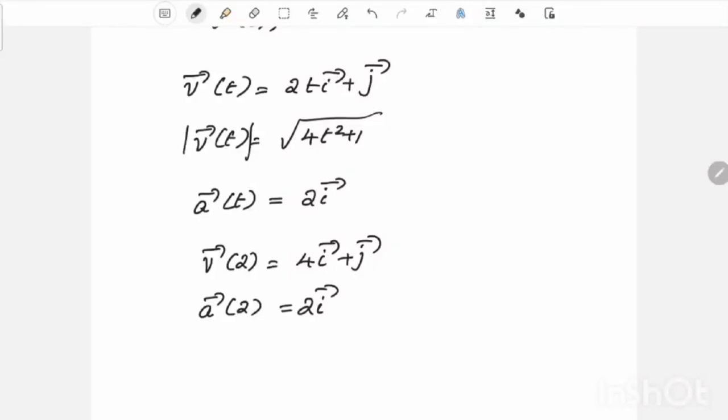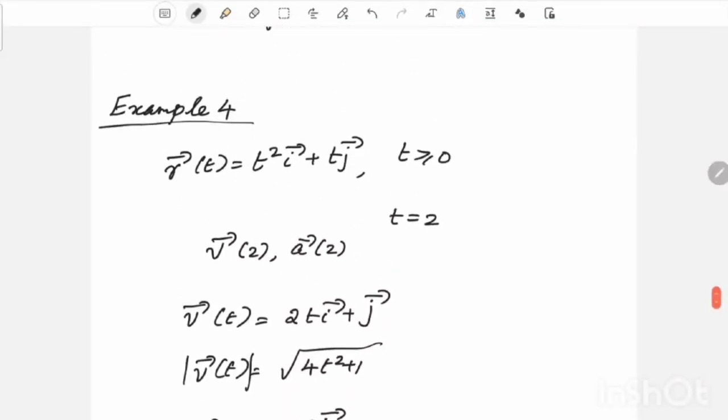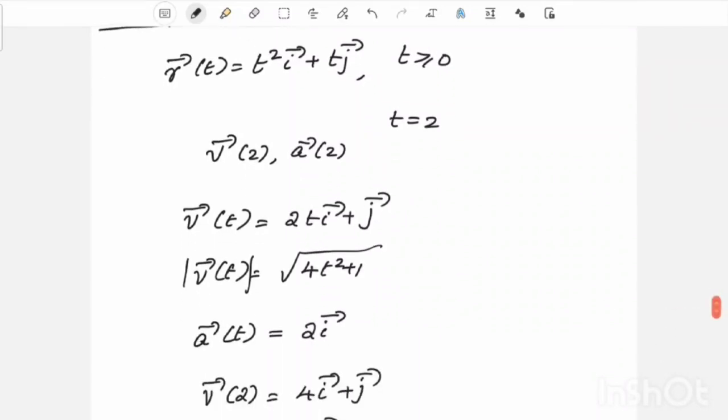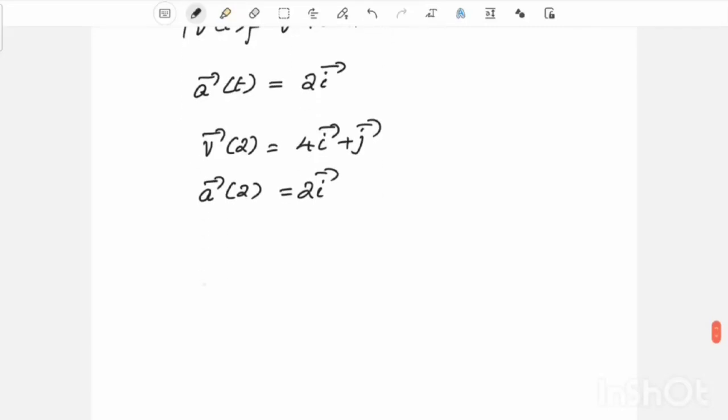Now we want to sketch the path of the object and also its acceleration and velocity at the point t equal to 2. Here r of t is equal to t² i plus t j with t greater than or equal to 0. That implies x is equal to t², y is equal to t, or in other words x is equal to y² where y is greater than or equal to 0.